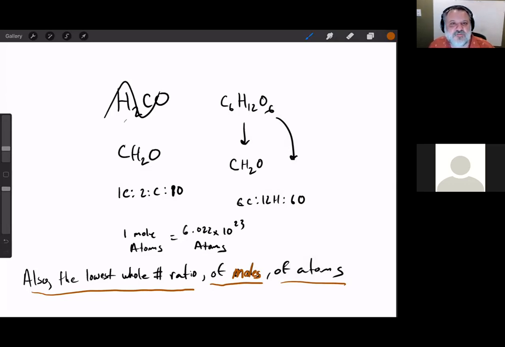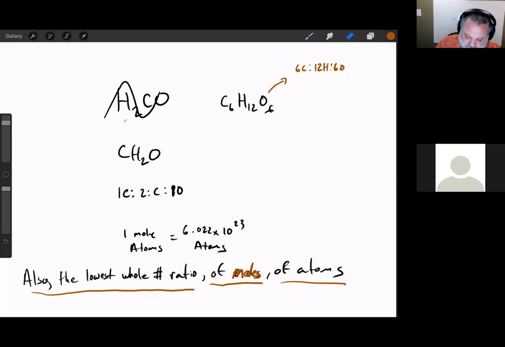And so let's just take that to an example real quick using glucose. For glucose, I have 6 carbon atoms, 12 hydrogen atoms, and 6 oxygen atoms for every 1 molecule. So I can say we did this before, 6 atoms of carbon for 1 molecule of glucose. But remember when we said we could actually do the relationship several different ways?